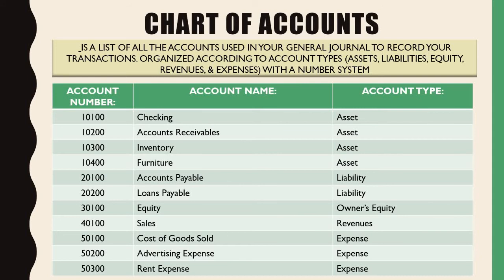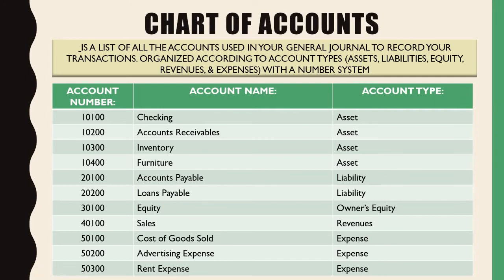Now this is just a really small chart of accounts. As you can see, the serial number here is relevant. It's saying the first 10,000 numbers that are going to be used signify that these are assets. Then the 20,000s are going to signify liabilities, 30,000s is equity, and so on and so forth.